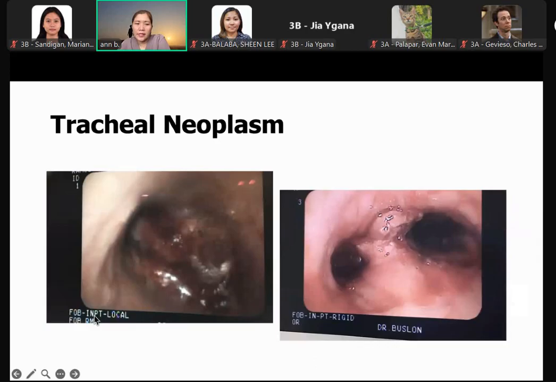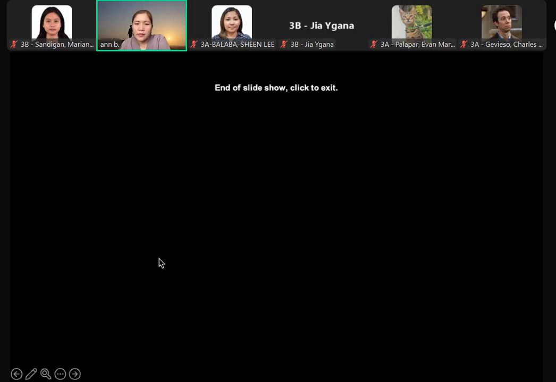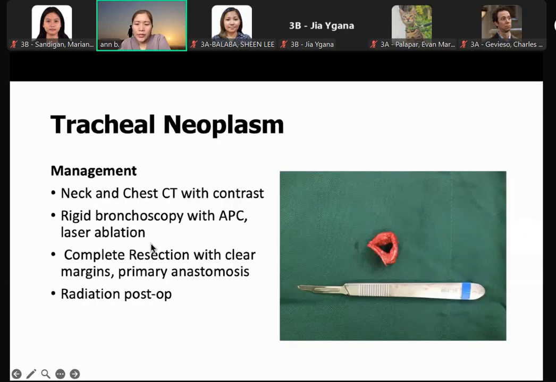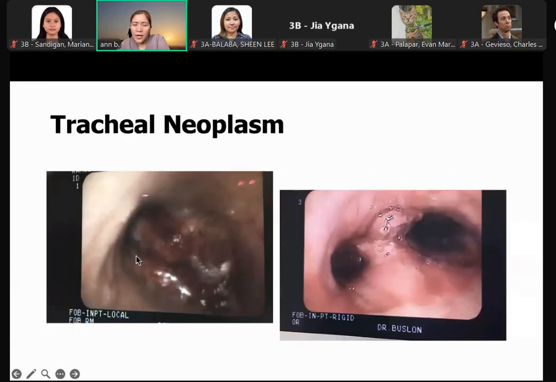So again, this is just a picture of a squamous cell carcinoma patient. We have done this several times, with complete obstruction of the bronchus. Then we need to do rigid bronchoscopy to core out the tumor, and do photocoagulation or cryotherapy for this patient.